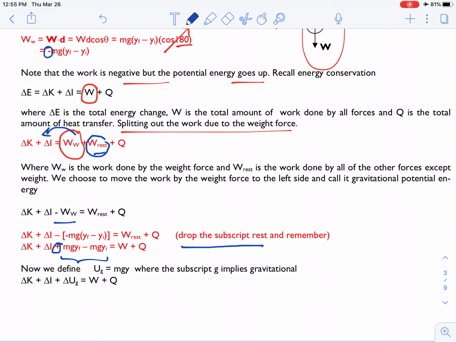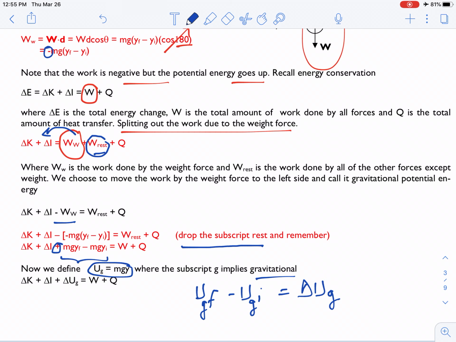This is how we define the gravitational potential: as mgy. And mg y final minus mg y initial is simply U final minus U initial, which is the change in potential. So this is U_g final minus U_g initial, which is delta U_g, and g means gravitational potential energy.